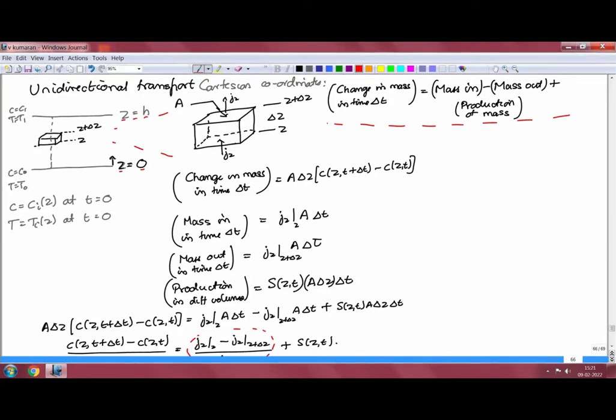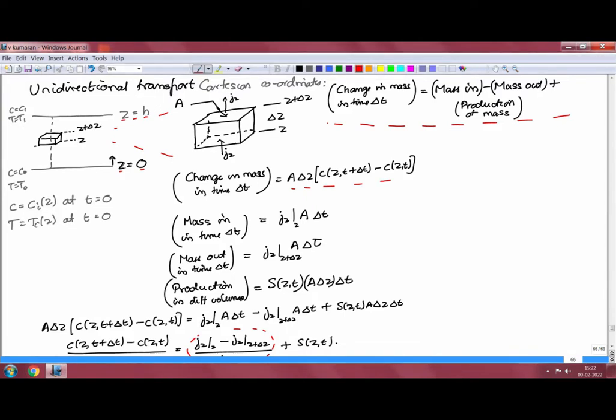If that quantity is mass, then the change in mass in time delta t is the difference in mass between the time t plus delta t and t. That is the difference in concentration between the time t plus delta t and t, times the volume. So, the concentration times volume is the mass.